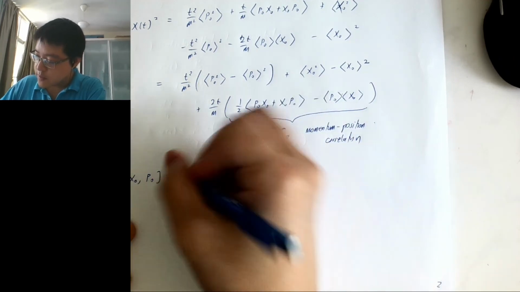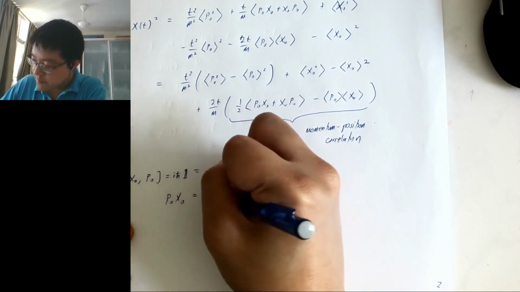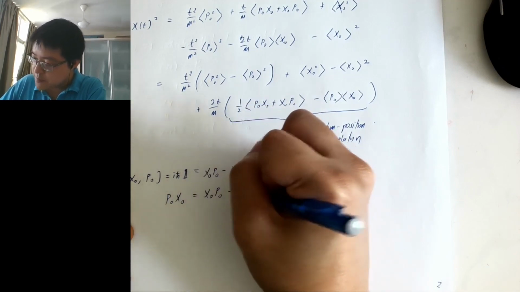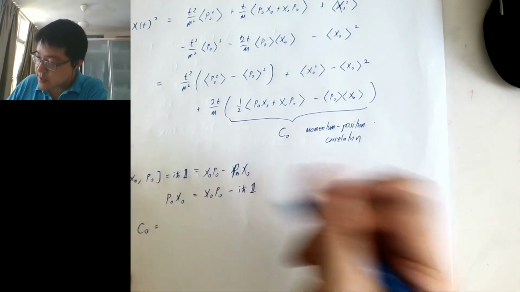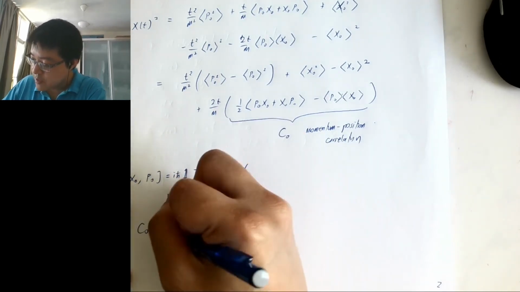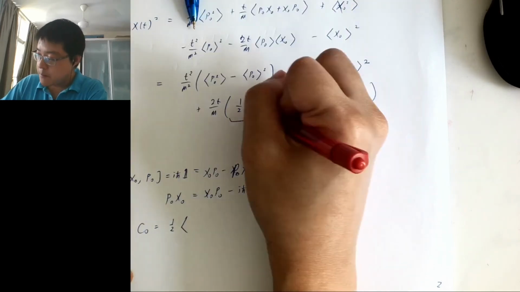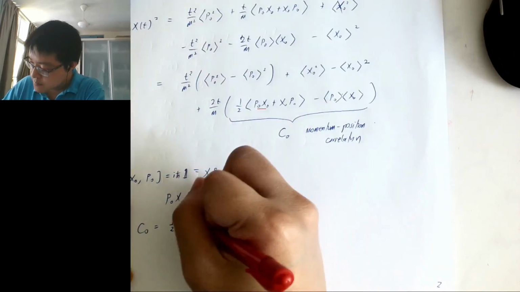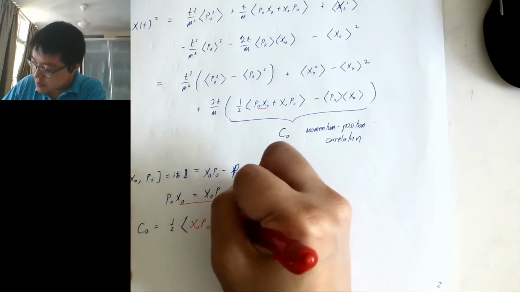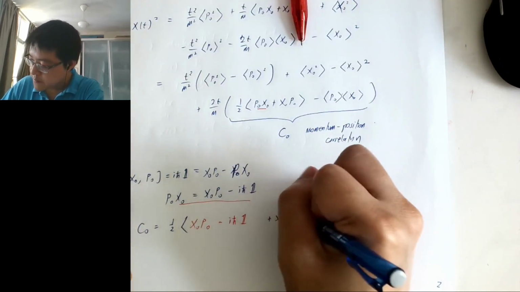Okay, so therefore I can substitute px as xp minus iħ times the identity. So my uncertainty momentum correlation is, if I substitute the px into this expression, I get xp minus iħ identity, and then plus xp, right?